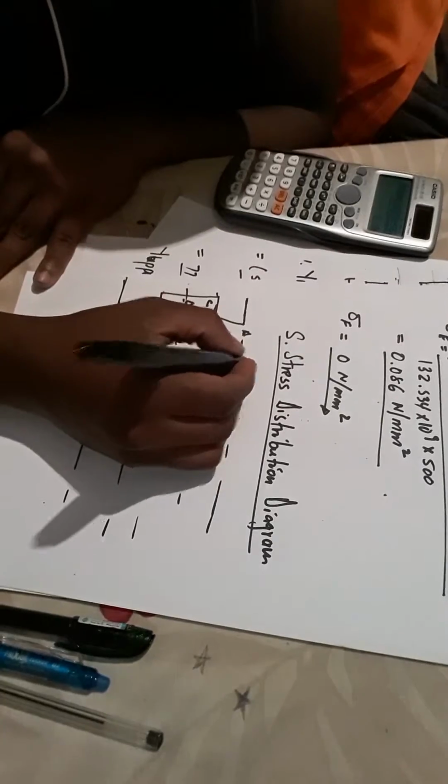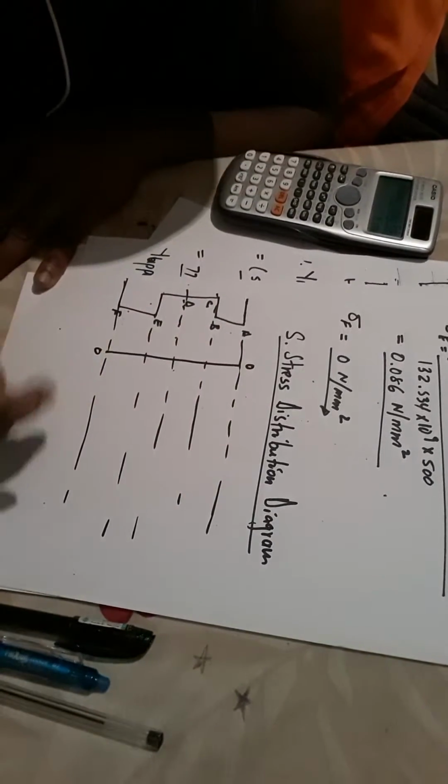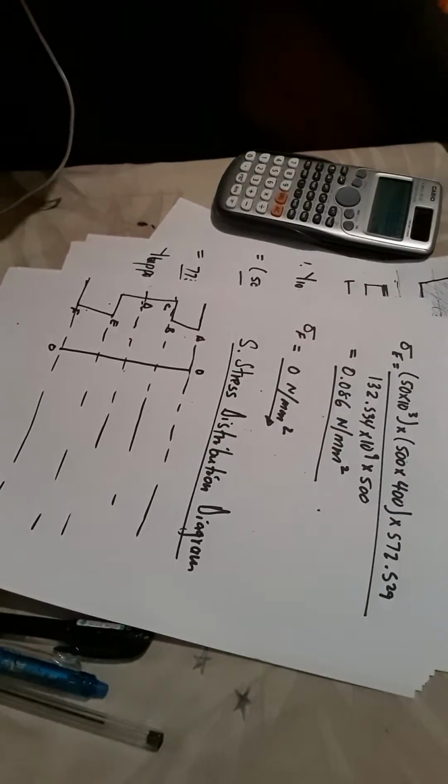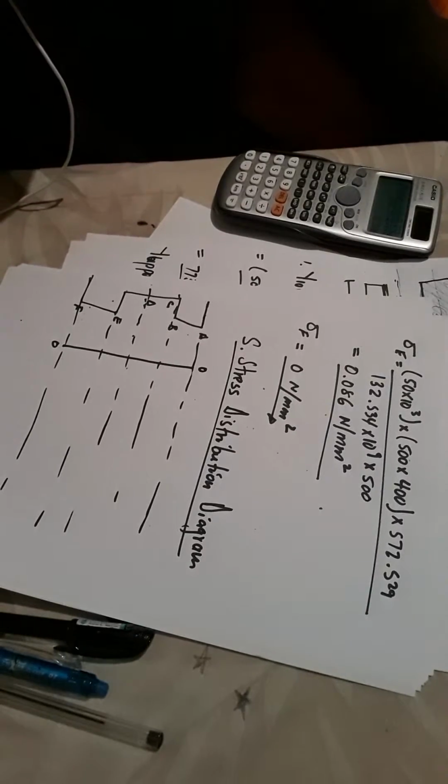This will be your 0 line. And then you simply plot all those shear stresses that you calculated.